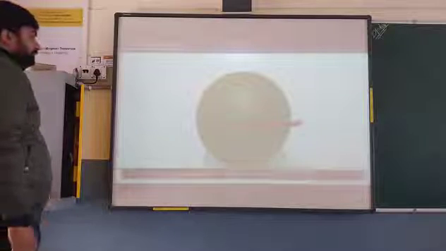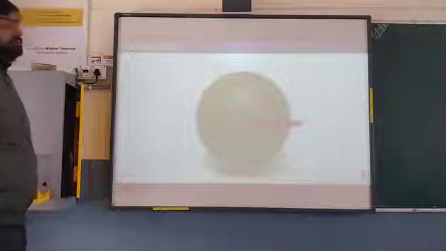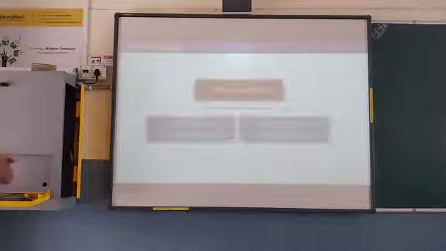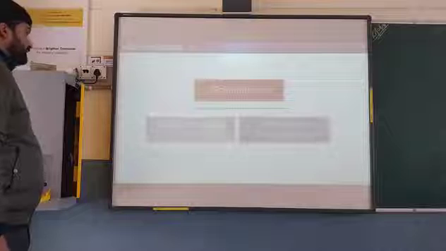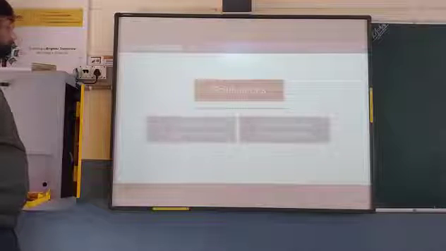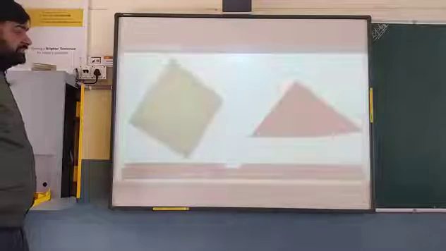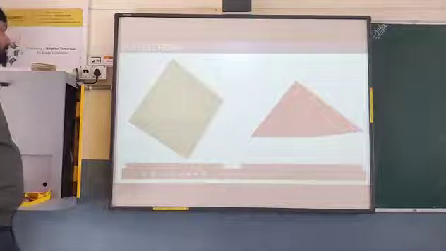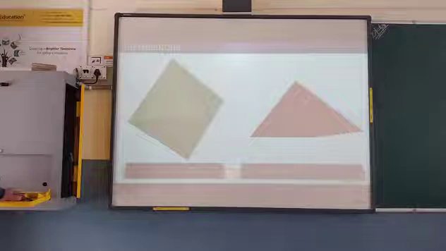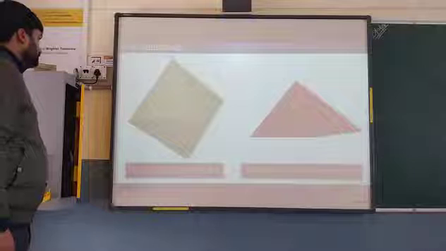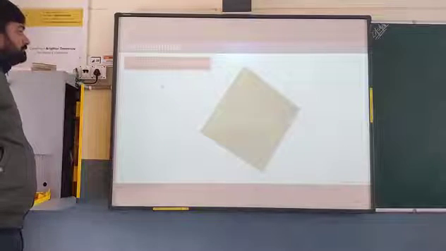Since its surface is not made up of polygons, it is not a polyhedron. Polyhedrons may be categorized as regular and non-regular polyhedrons. So there are classifications given for them. For a regular polyhedron, all the faces are regular polygons and congruent. Each vertex is formed by the same number of faces.